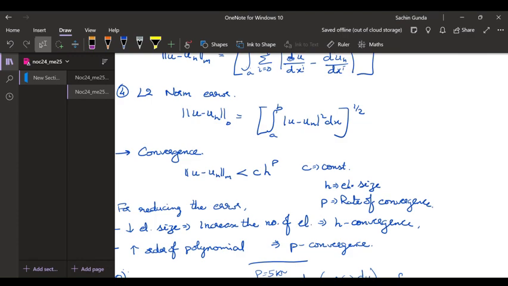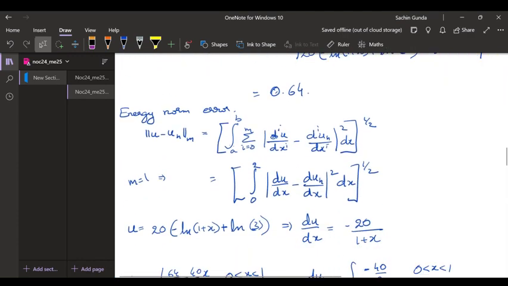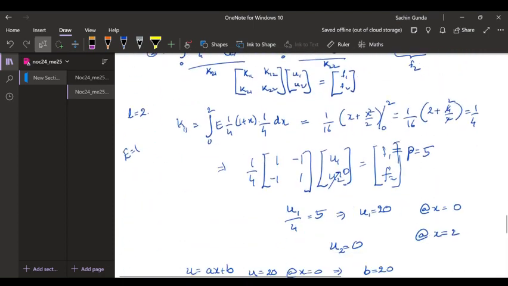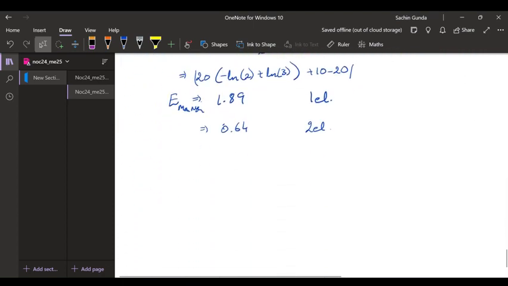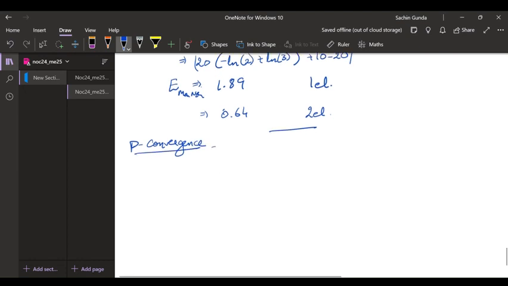Then we will look at the P convergence, which depends on the order of the shape functions which we take. P convergence: order of polynomial.